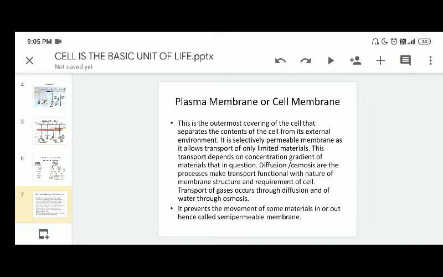Diffusion and osmosis are the processes that make transport functional, depending on the nature of the membrane, structure and requirement of the cell. For example, fat soluble and water soluble materials are transported differentially. Transport of gases occurs through diffusion and of water through osmosis.